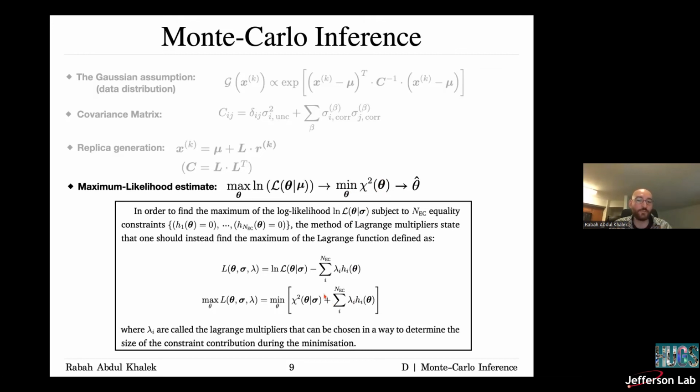For example, you can implement here that your neural network should remain positive during the optimization. So you implement a function here that whenever the neural network gets negative, this contribution would become large. So the minimizer has to reduce it. And that's how the constraint is implemented.